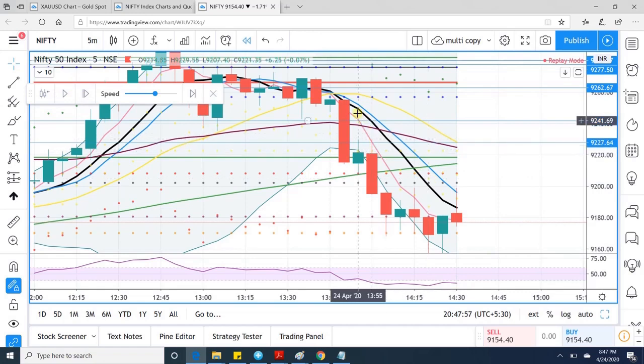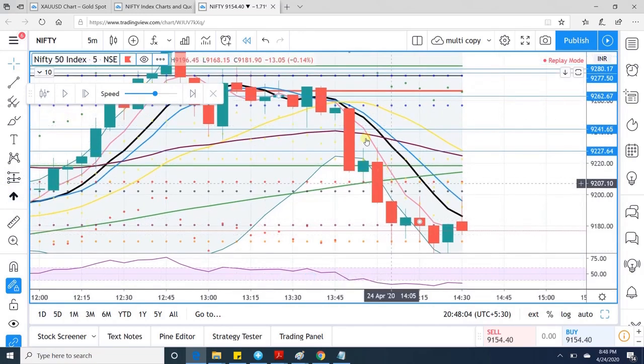Also see how in a strong trend price is either above, or now here below the 8 moving average. Here price is below the 8 moving average, so again it's a strong downtrend.